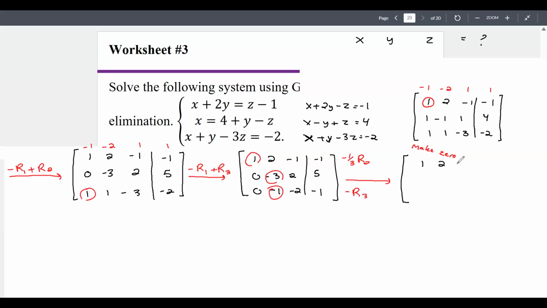So 1, 2, -1, -1. Remember the last one, we were already in the state we're going to be in here in a second. 0, so I'll multiply that by -1/3, that becomes 1. 2 times -1/3 is -2/3. 5 times -1/3 is -5/3.